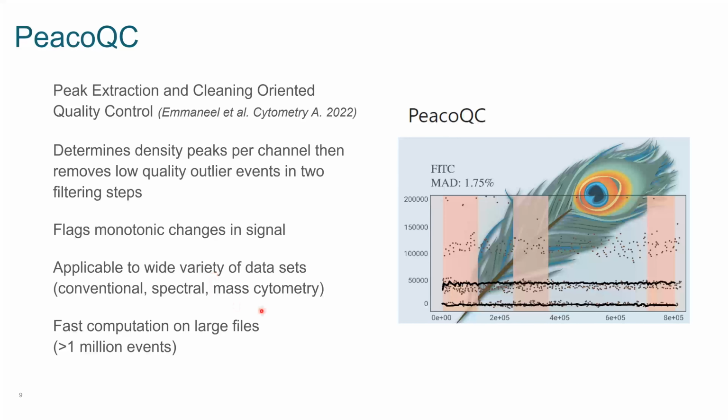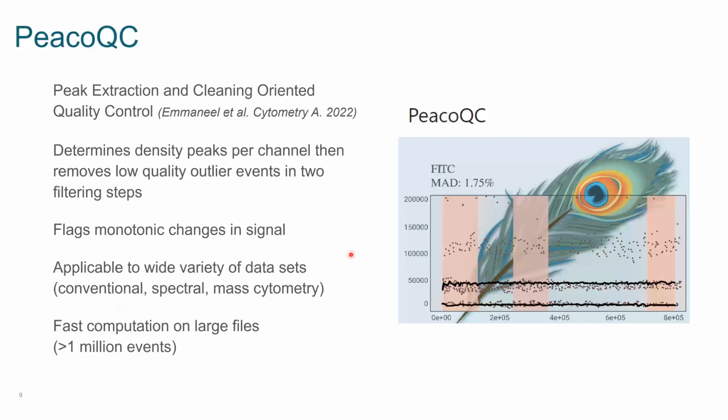But a lot of previous cleanup tools left mass cytometry behind, right? The scale of those values and the kinds of values we get from mass cytometry data can be quite different from what we get from fluorescent cytometry data. And it's really been a challenge to use quality control tools on these kinds of data, just because of the way the values come through after the run. But this tool has made a nice stride to incorporate that into the fluorescent cytometry world, where more tools are available.